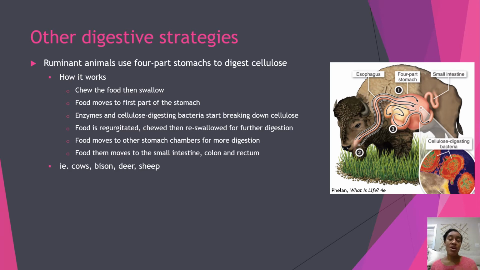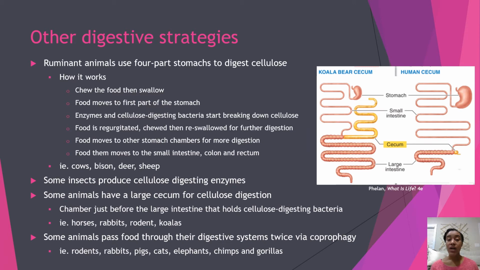And then from there, the whole process is the same as we talked about before. So from the other 3 chambers of the stomach, the food will continue to be broken down and then move to small intestines. And in the small intestines, nutrients will be absorbed and further digestion occurs. And then it goes to the large intestine, and then any waste is excreted from the body.